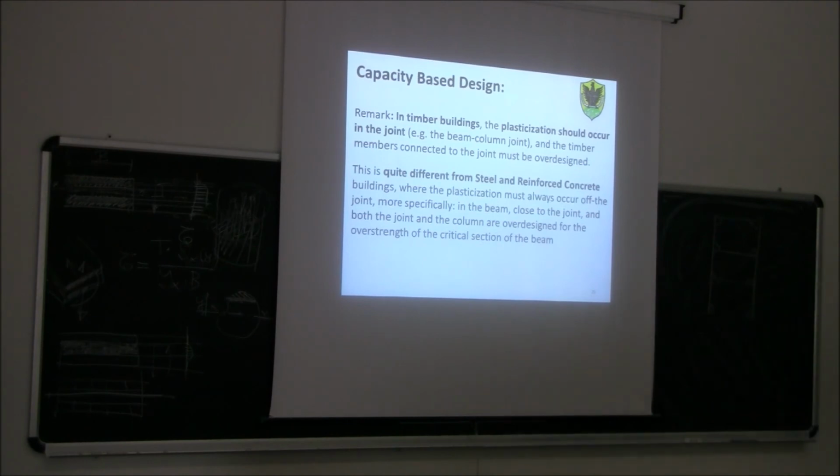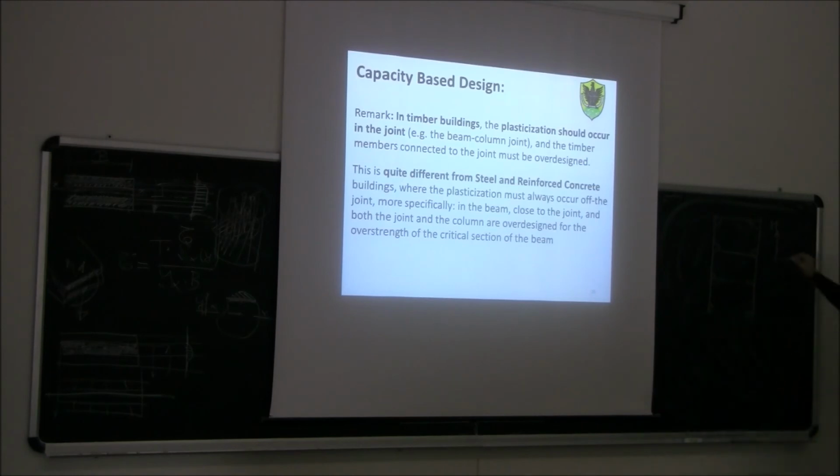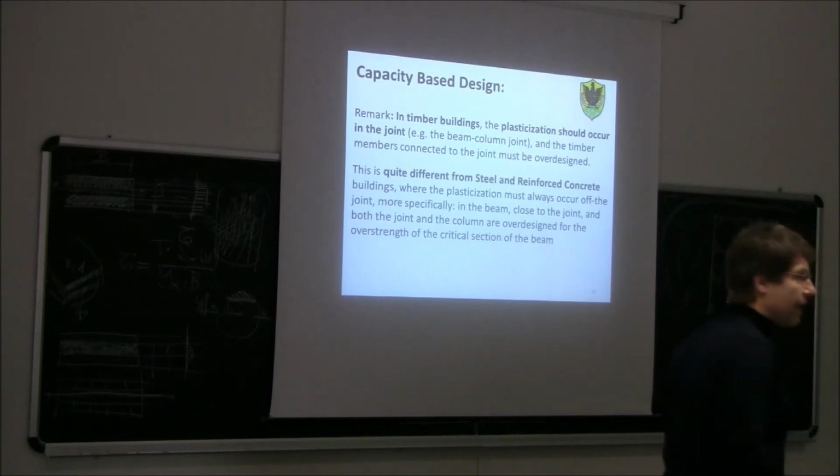The relationship between these rotational springs, if you want, for each connection, you have an M-theta relationship, which is something like this. So this is the model of your structure when you design the timber structure with a dissipative behavior.